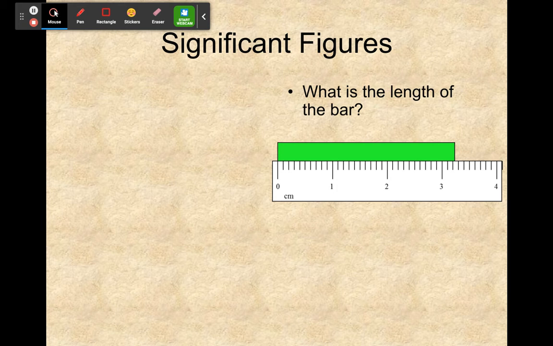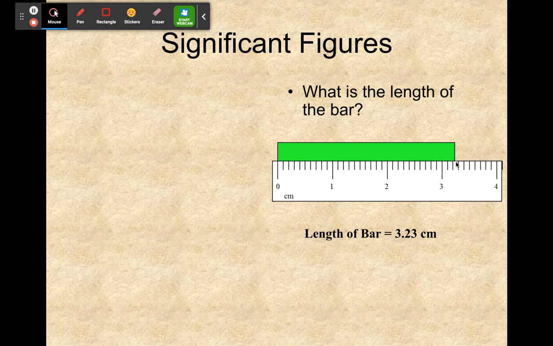So we're going to look and see 3.23 centimeters. And why 3? Because if we're looking at the ruler, we find 3 right here, and then there's 1, 2. It's not all the way to 3, but it's not necessarily halfway to 2.